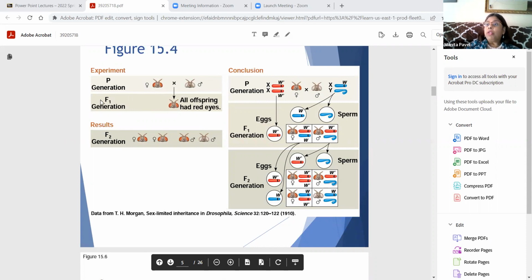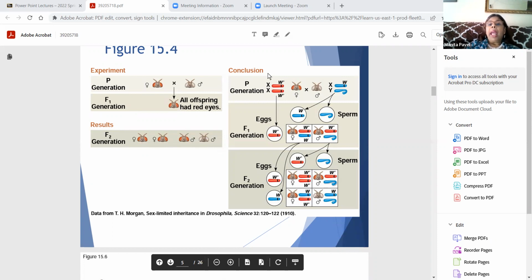When he took the F1 generation and crossed them again to get the second filial generation, sons and daughters, what he obtained, as I just mentioned, was that 3 had red eyes and only 1 had the mutant white eyes. The 2 females had red eyes. 1 male had red eyes, but the other male had the recessive white eye, which was carried on the X chromosome.